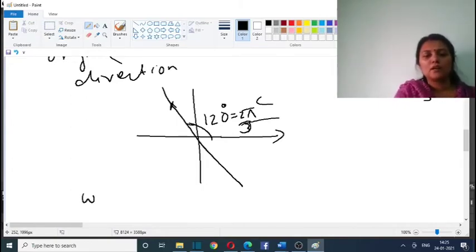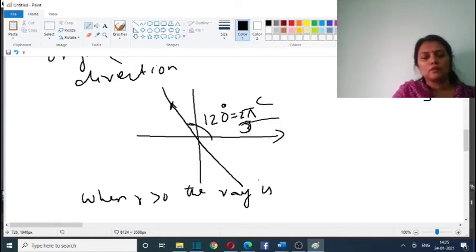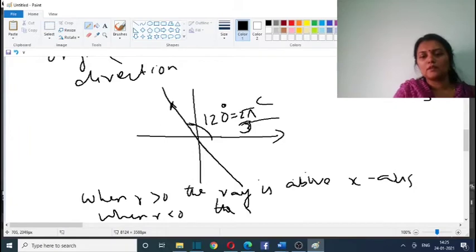When r is greater than 0, the ray is above the x-axis, and when r is less than 0, the ray is below the x-axis.